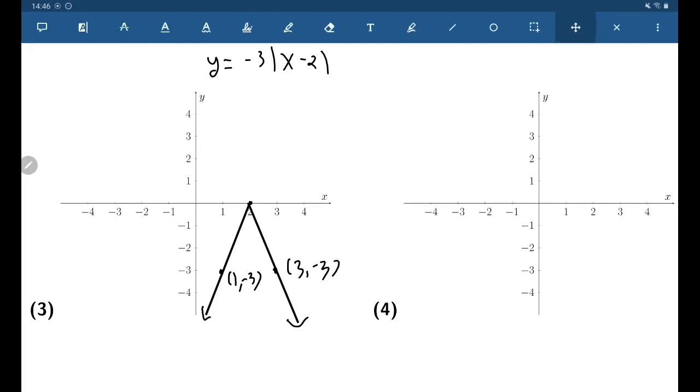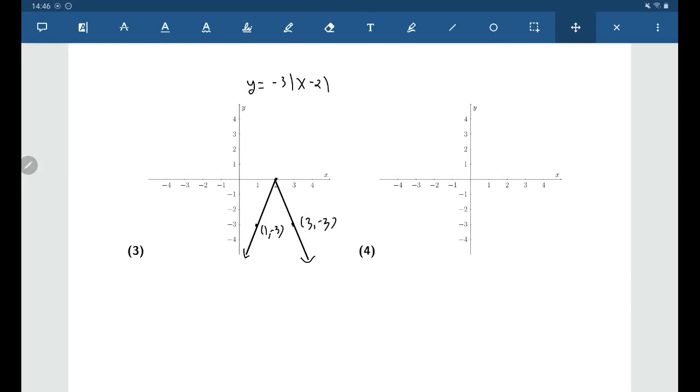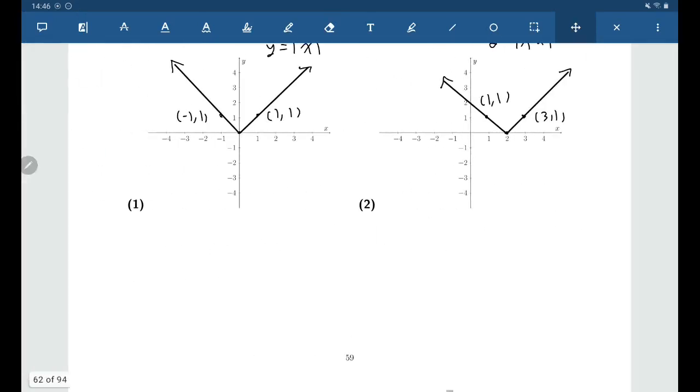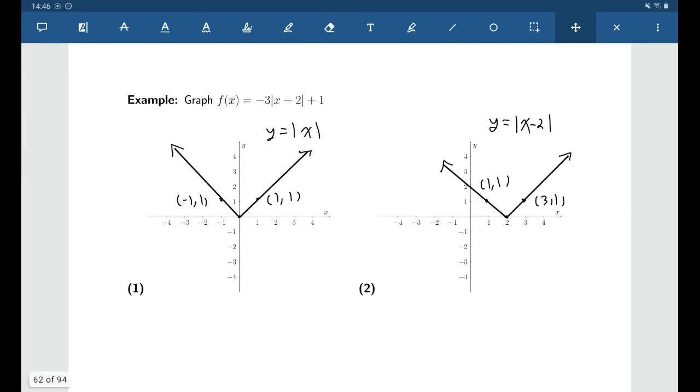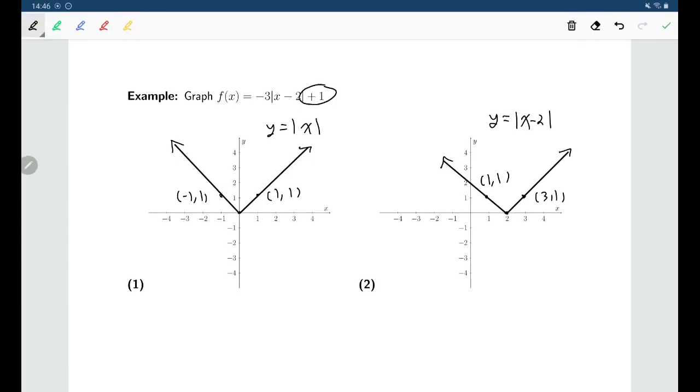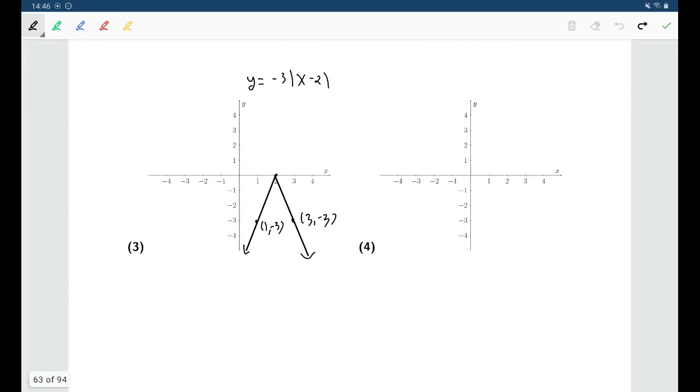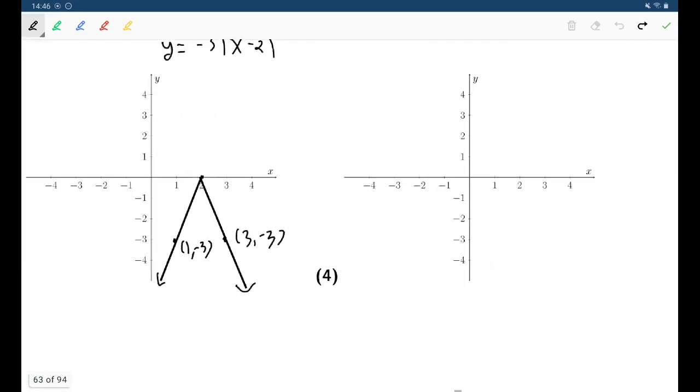And the last thing that we need to do is now carry out our vertical shift. If we go back, we'll remember that there was one last transformation to do, the little +1 that's at the end. That's a shift upward by 1 unit. So that means that now I'm going to take the last graph that I have and I'm going to shift everybody up by 1 unit.